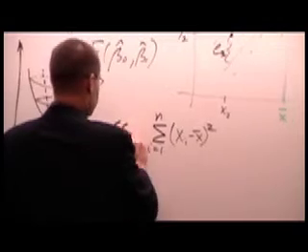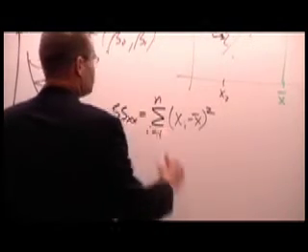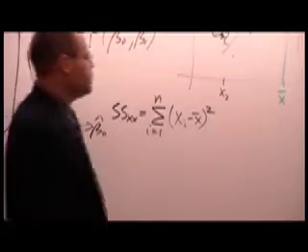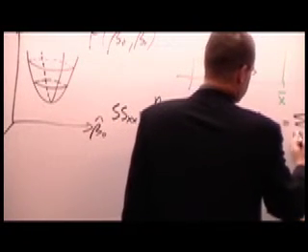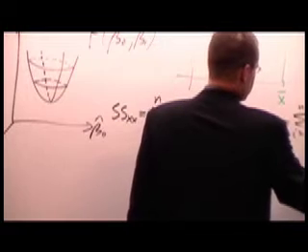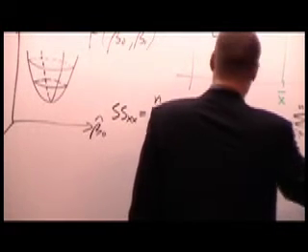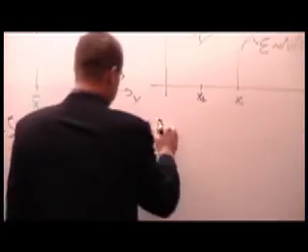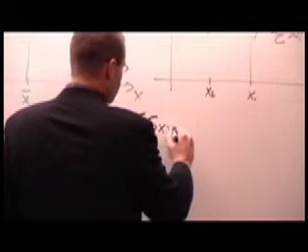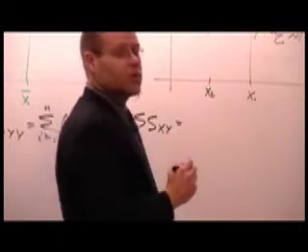Sum of squares in the x's. Correspondingly, we have the sum of squares in the y's. And we even have the corresponding sum of squares of xy, or sum of squares cross products.